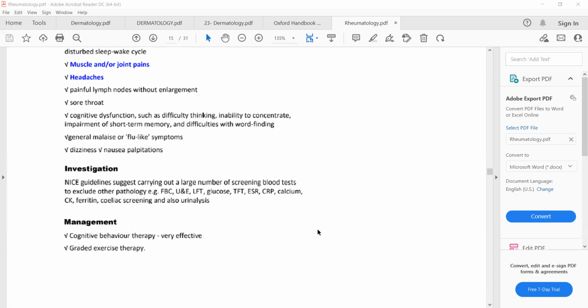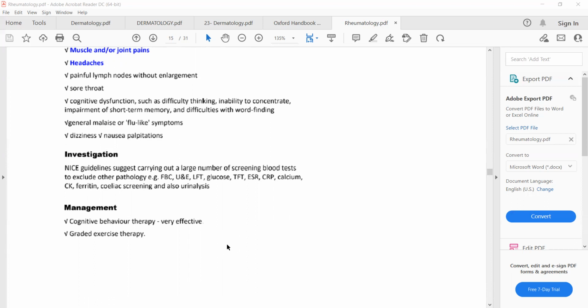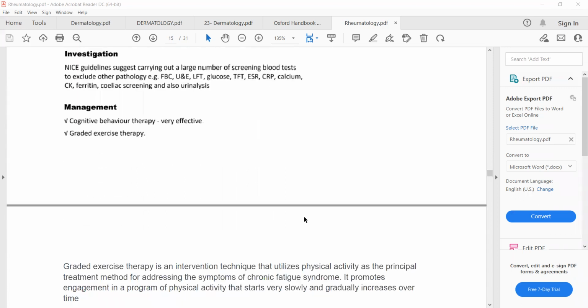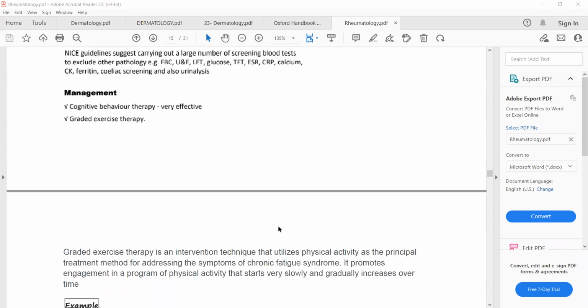Management is cognitive behavioral therapy and graded exercise therapy. Graded exercise therapy is basically an intervention technique that utilizes physical activity as the principal treatment method for addressing the symptoms of chronic fatigue syndrome.